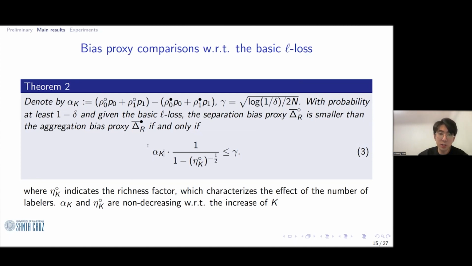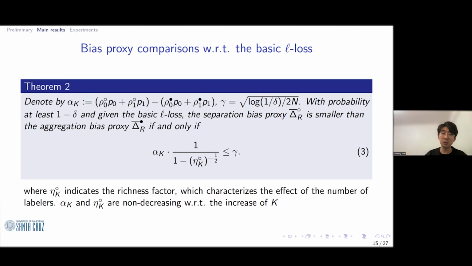So alpha K tries to capture the reweighted noise rate of these two methods, and it calculates the noise rate gap. Intuitively, if alpha K is larger, it is because label aggregation has a better denoising effect. So if label aggregation is much better, alpha K would be very large, which makes this condition less likely to be satisfied.